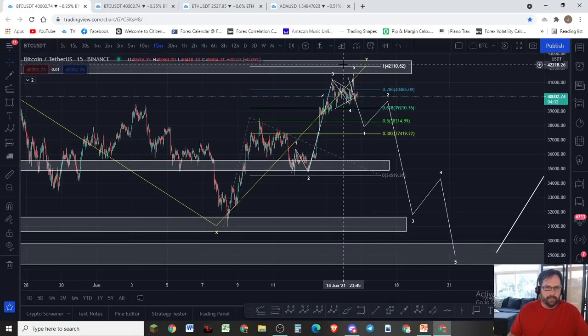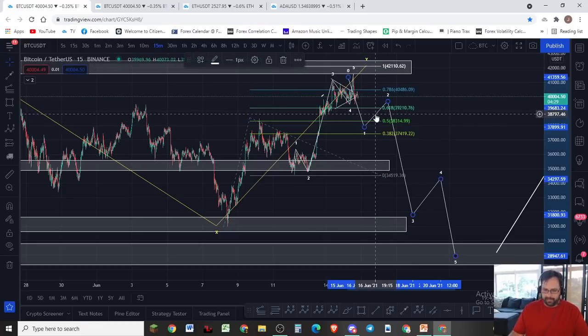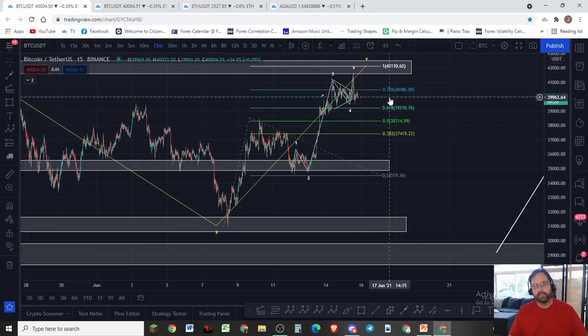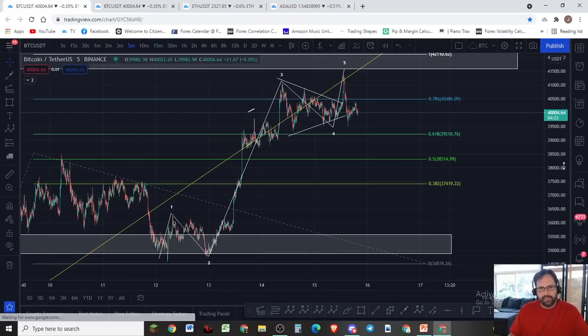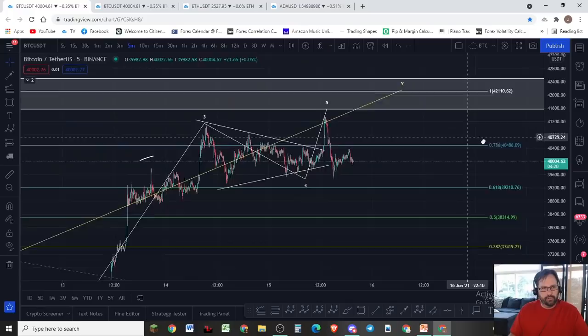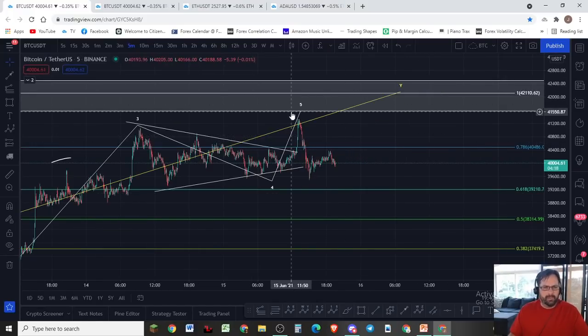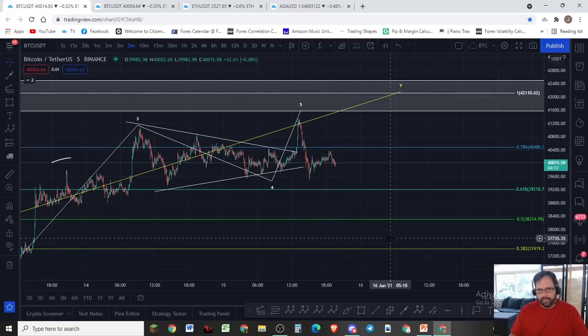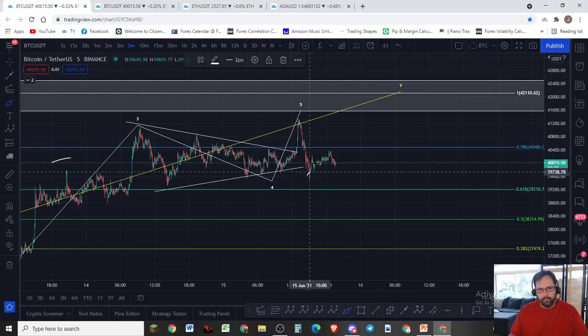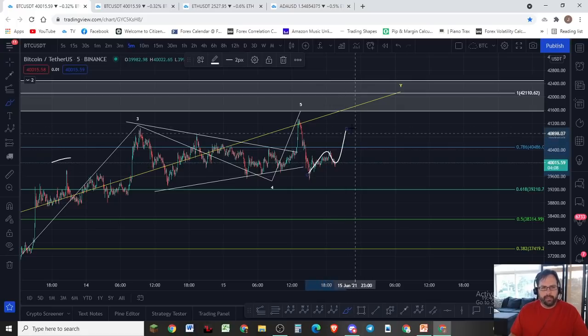Okay, if we come down as an impulse wave to the downside, that's possibility number 1. So we would look at this first wave on the small time frame. Then we say, hey, we have a potential impulse wave. This is a potential 1 wave, and this could be a potential 2 wave, and now we're heading down to continue. Or this could get a little bit more complex, like so, and make a 3rd wave up, retest the high, and then come down.